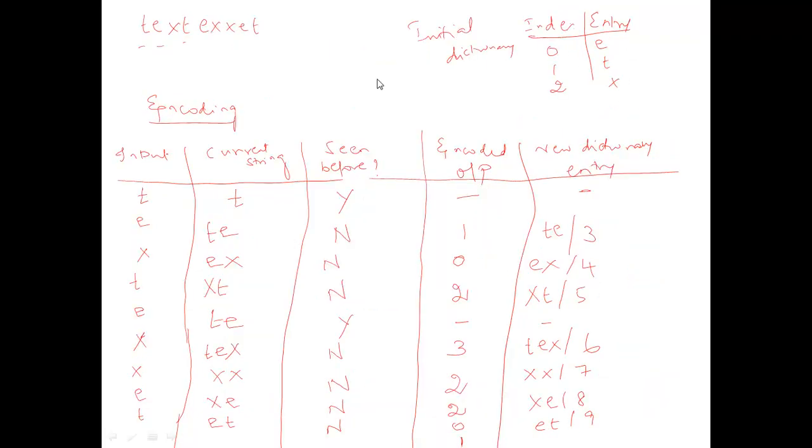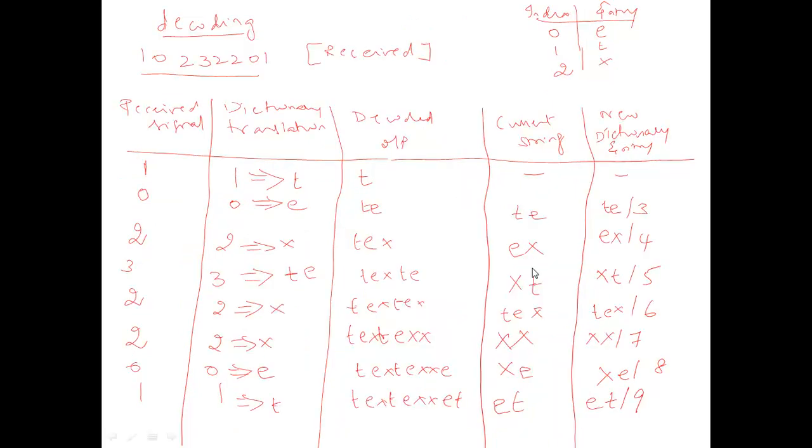And on the transmitter side, in 3, 4, 5, 6, 7, 8, 9, you have TE, EX, XT, TEX, XX, XE, ET. The same TE comes in the entry 3, EX in entry 4, XT in the index 5, TEX in the index 6, XX in the index 7, XE in the index 8, ET in the index 9.